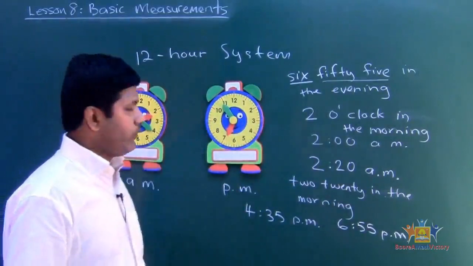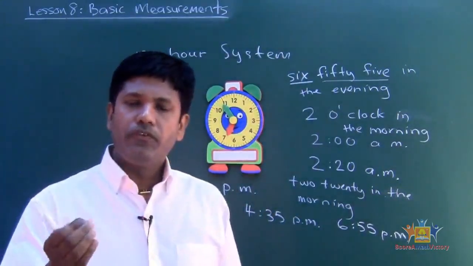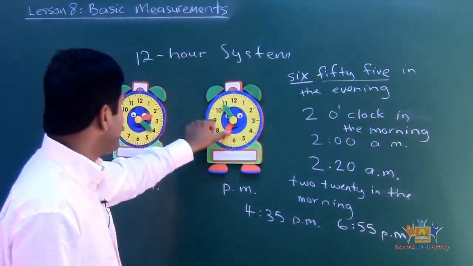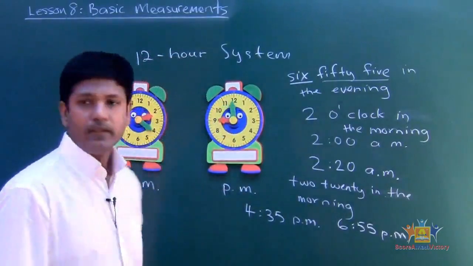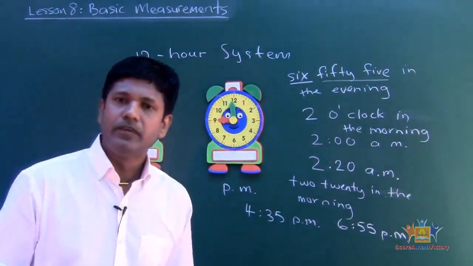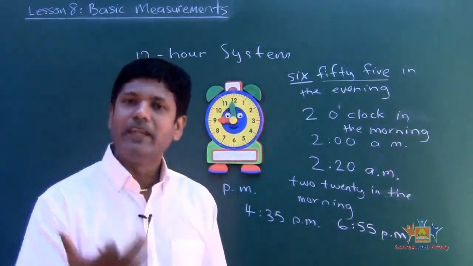Now, when it comes to night, in English, when you greet someone, even if it's 9 p.m., I know it's night, but you don't greet somebody by saying good night. You don't say, hello, nice to meet you, good night. No, you say good evening.